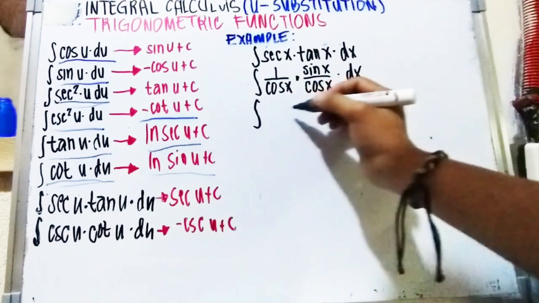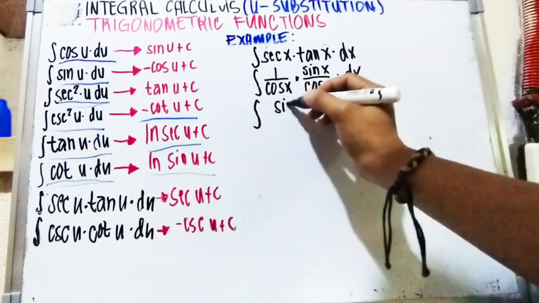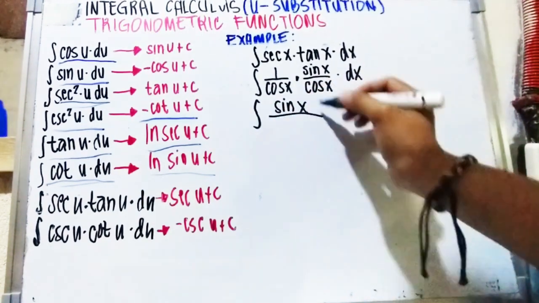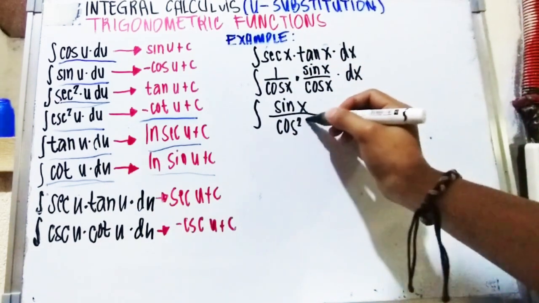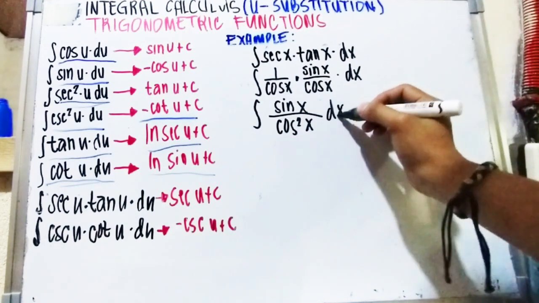Evaluating this expression, magiging sin x over cosine x times cosine x, magiging cos squared x dx.